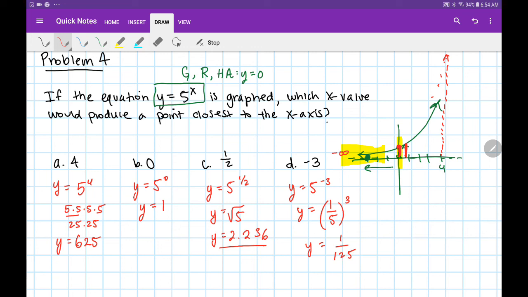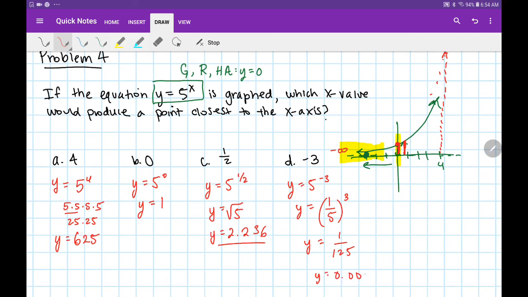And 1 divided by 125 is 0.008. So which one's closest to the x-axis? Remember, the x-axis represents a y value of 0. Well, this is the guy that gets me closest. This is bigger. This is further from 0, and this is super far. So our answer, both methods, is D.